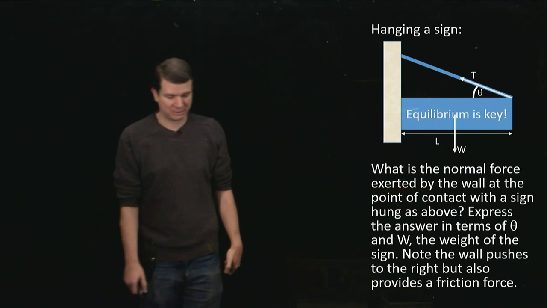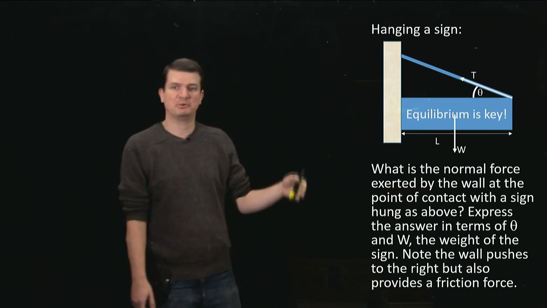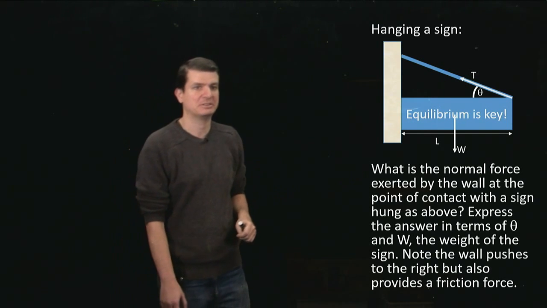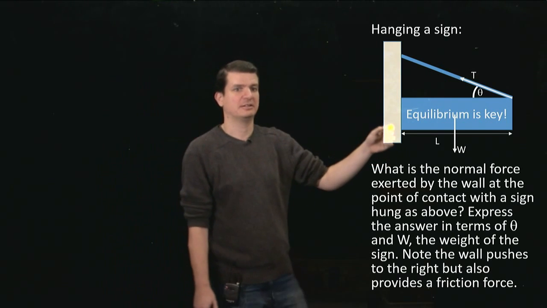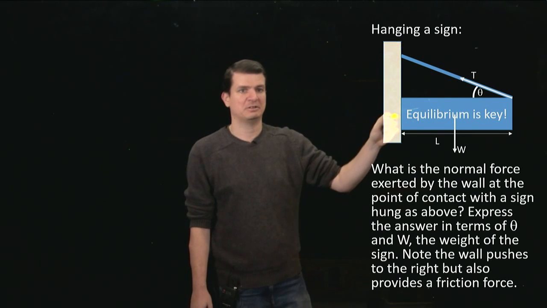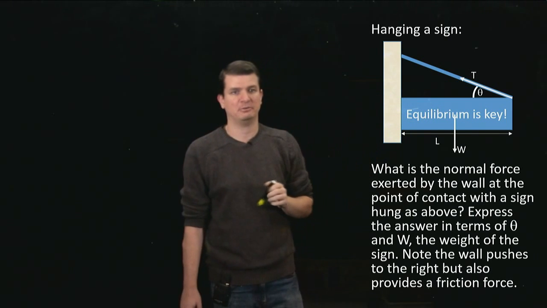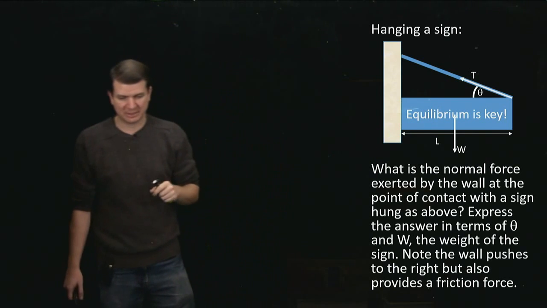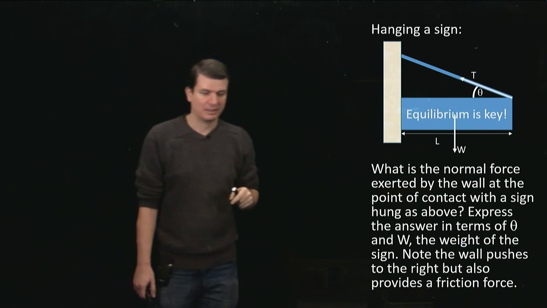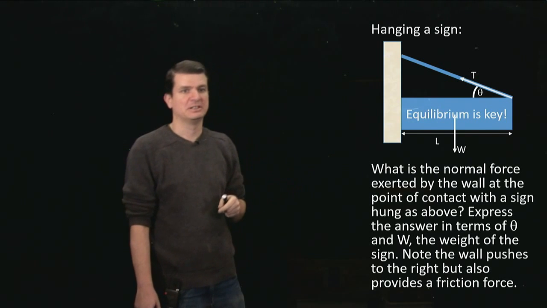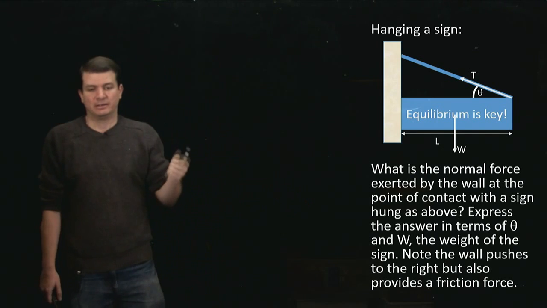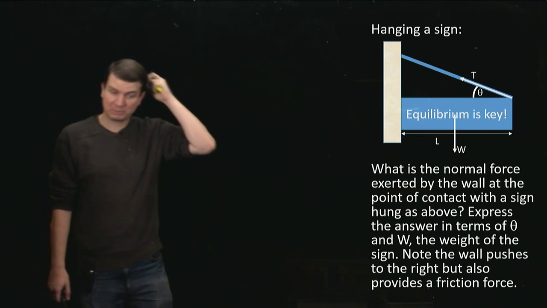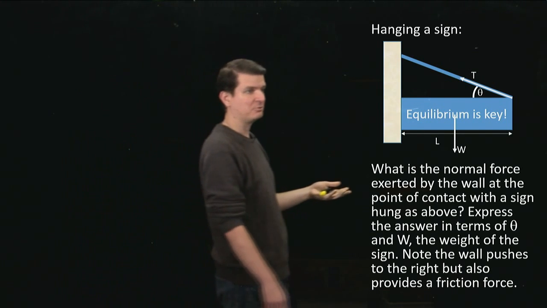And then we need to think about the friction force and the normal force that we're told also exist. So we know there's some friction force between the wall and the sign, which is pulling up, and we know there's some normal force going that way. But in order to think about where we can place them, in order to figure out this normal force, we have to think about what's going on. So if this thing were about to spin, then what would happen?